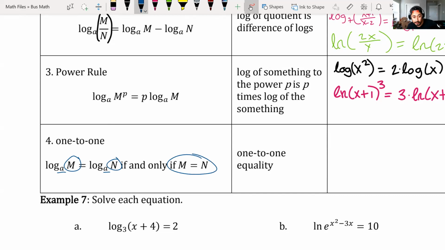I was thinking exponents because exponents share the same thing. You remember? If you have a to the m equal a to the n, if the bases are the same, then m equals n. So you see why these are inverses of each other now. They share very similar properties.